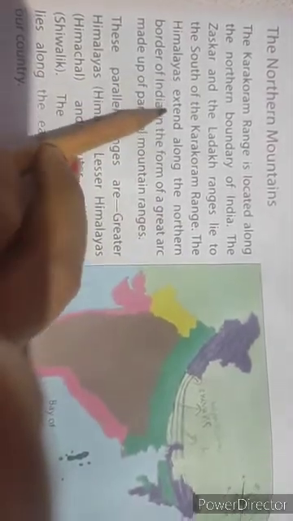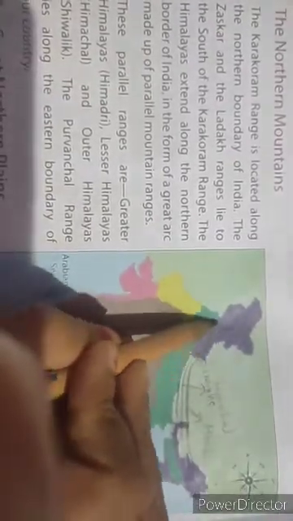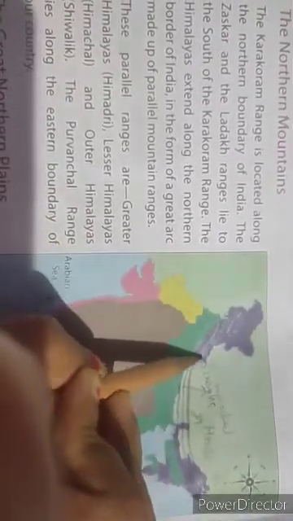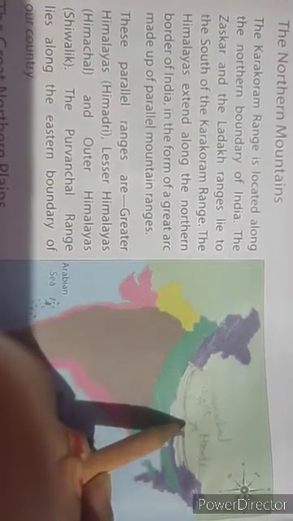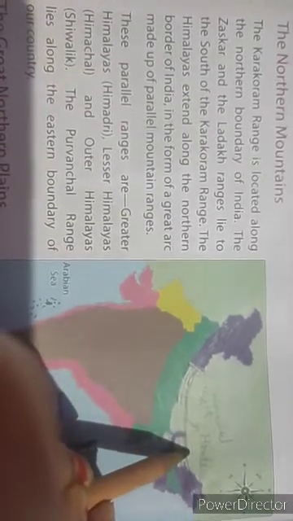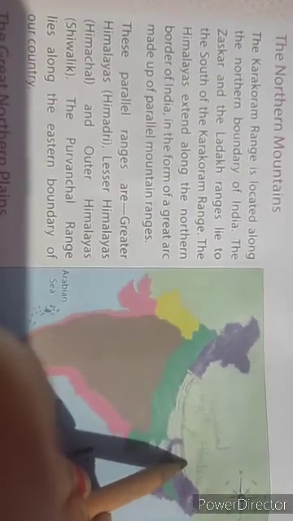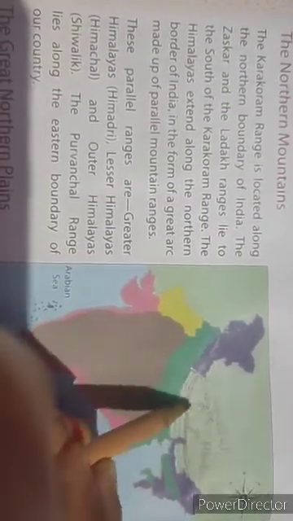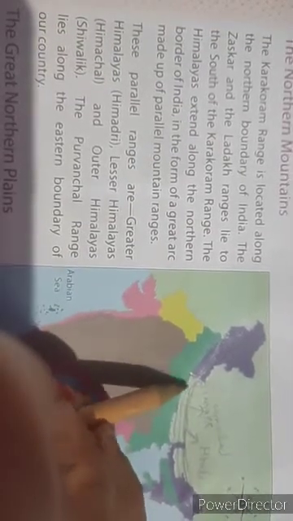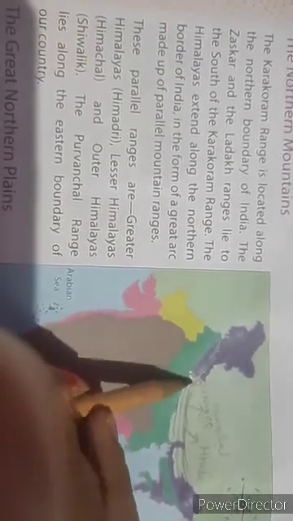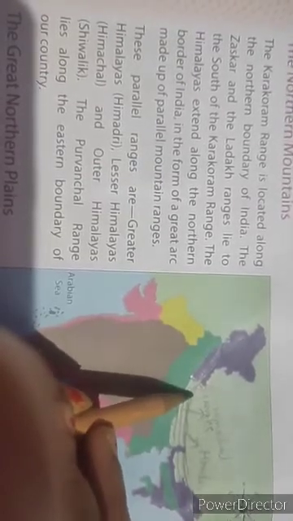The Himalayas extend along the northern border of India in the form of a great arc made up of parallel mountain ranges.